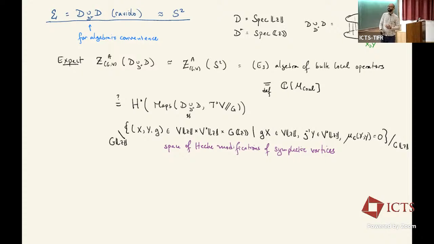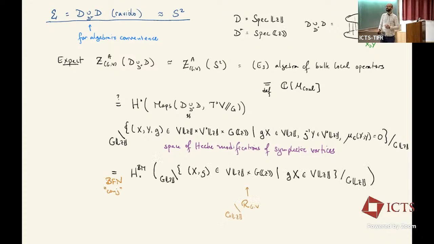And then he very quickly says, well, this is probably equivalent to something much nicer. And he describes the much nicer thing, and that's what's led to the BFN construction of the Coulomb branch, which implicitly has a conjecture that the BFN definition is related to something more like this that actually has to do with symplectic vortices that, again, I don't think has been worked out.